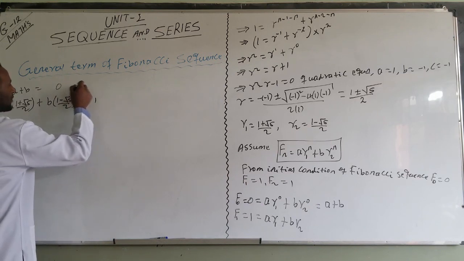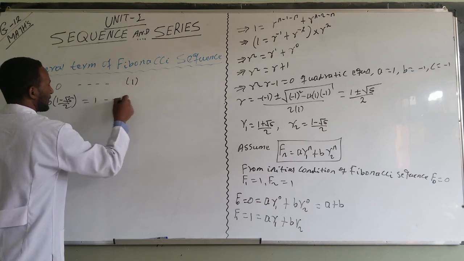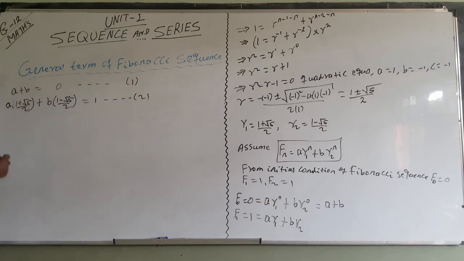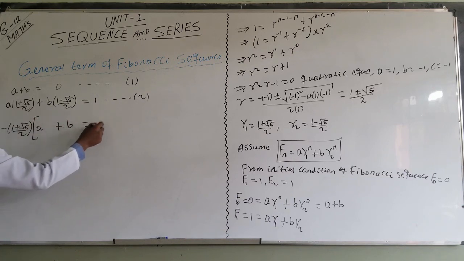Take this as equation 1, and this as equation 2. Then let us find the constant A by the elimination method. We multiply the first equation by the negative of the coefficient of A in the second equation, that means negative of 1 plus square root of 5 over 2, times the first equation, A plus B is equal to 0.